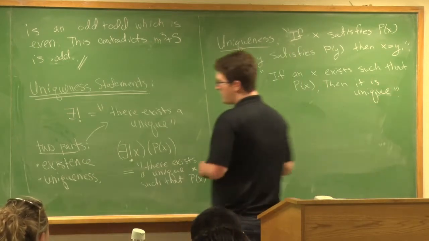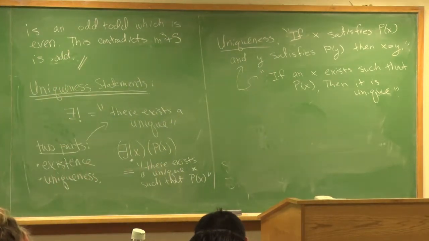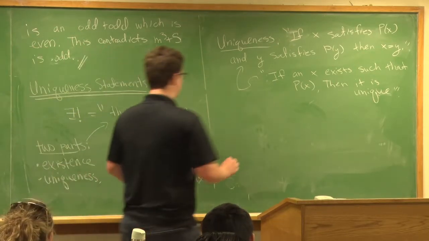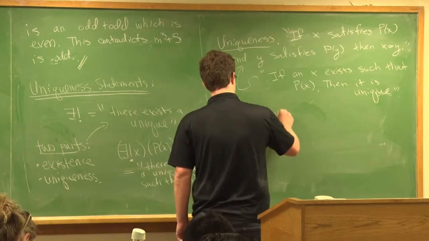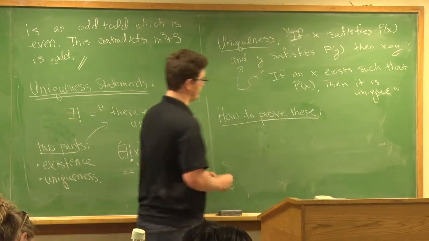Okay, and this is a really common thing that people ask you to do, is to show uniqueness of something. In the homework we have a uniqueness statement. So how to prove uniqueness statements?